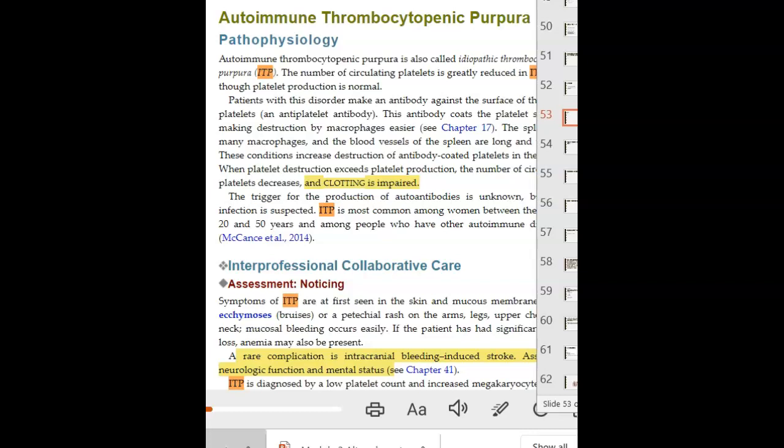Okay, so the nurse, when you're providing care for that patient, make sure you assess the vital signs for shock and notify the surgeon immediately. Okay, assess the vital signs, notify the surgeon immediately. Those are things that are very important, and we need to make sure that we do our assessment and we do notification.